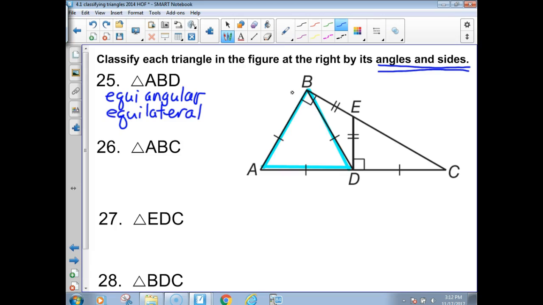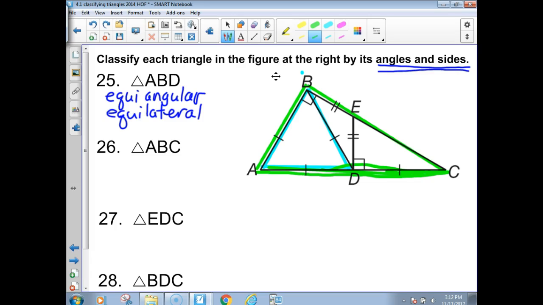Okay, now I'm trying to help you see, and highlighting can help you when these things are attached. Triangle ABC. Now that's one that I don't think some of you counted. Or maybe you did, and that's why you said 4. But if you said 5, you were correct.